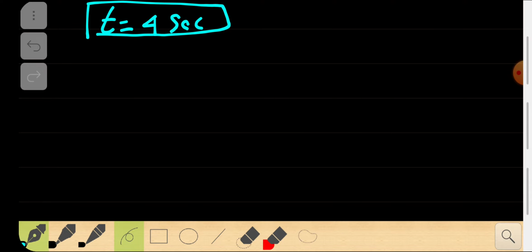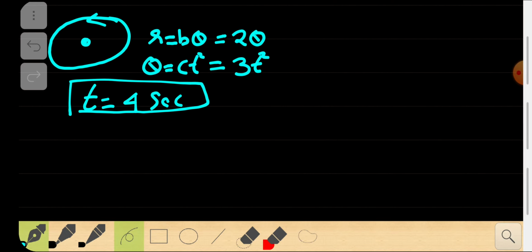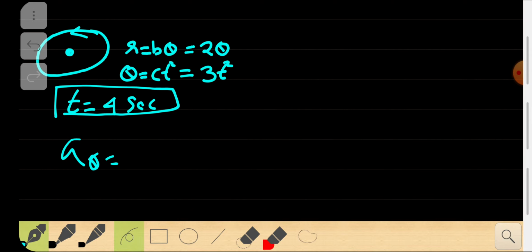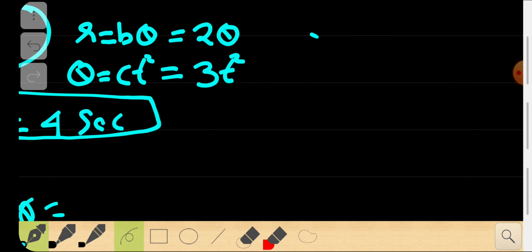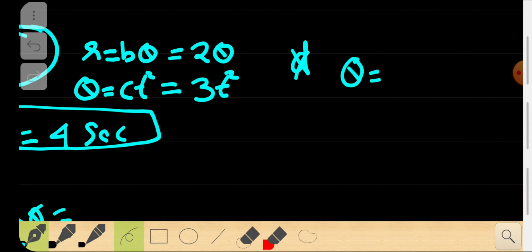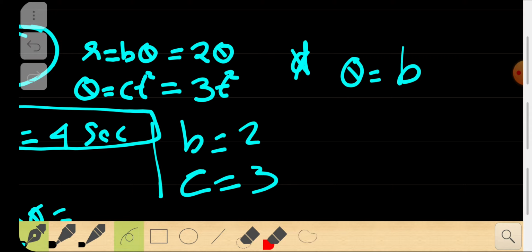So a in the theta cap direction is just, but before that, let's do r equal to b theta, where theta is equal to c t square. Let's call it by a basic name, b theta. The values b equal to 2 and c equal to 3 I am going to substitute later.